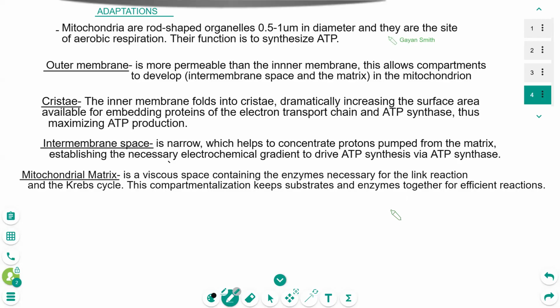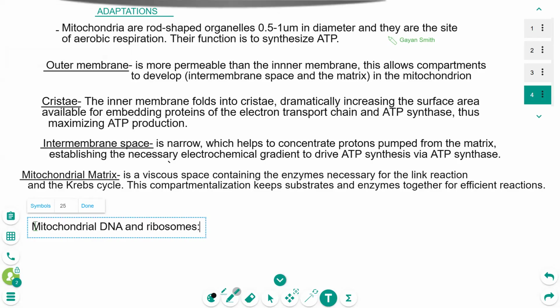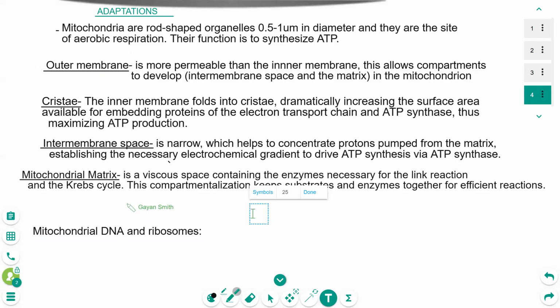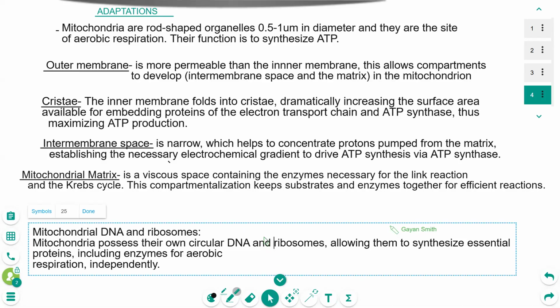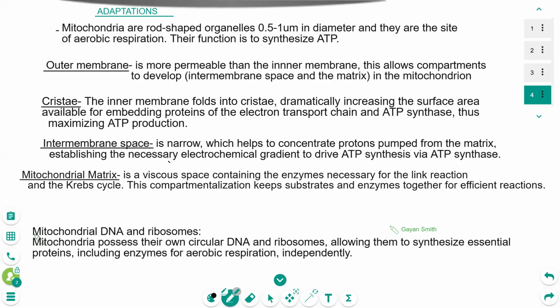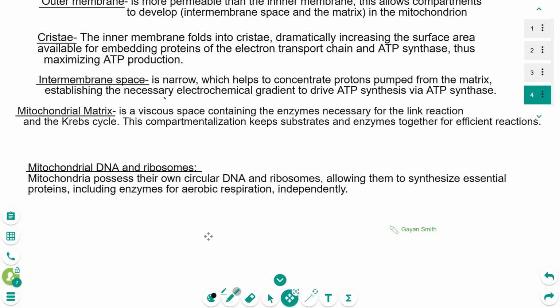Next, we're going to talk about the DNA and the ribosomes that it contains. I said the mitochondria possess their own circular DNA and ribosomes, and this allows them to make their own essential proteins, including enzymes for aerobic respiration, independently.